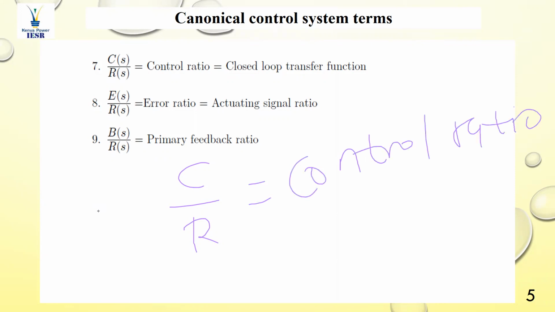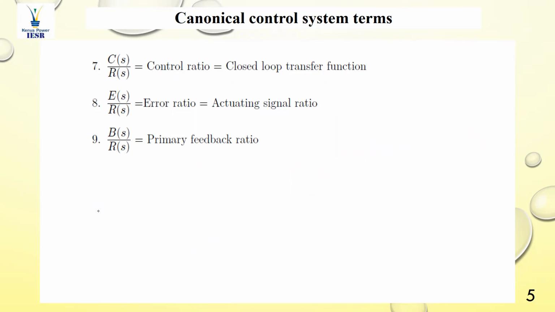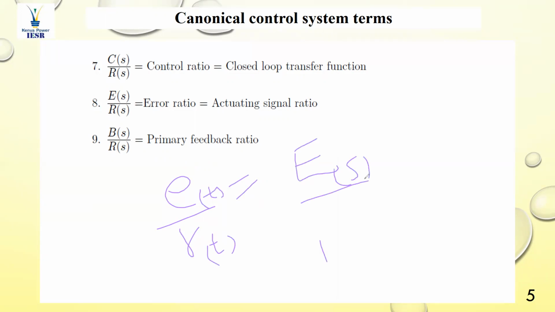And then we have the error ratio. The error ratio is the ratio of the error to the input. Then finding the Laplace transform, we have that as our error ratio, or the actuating signal ratio.